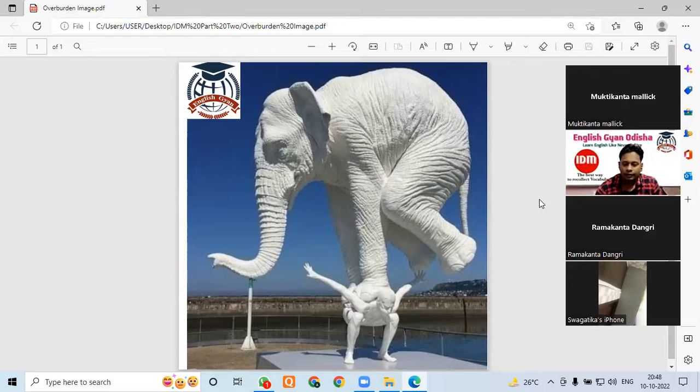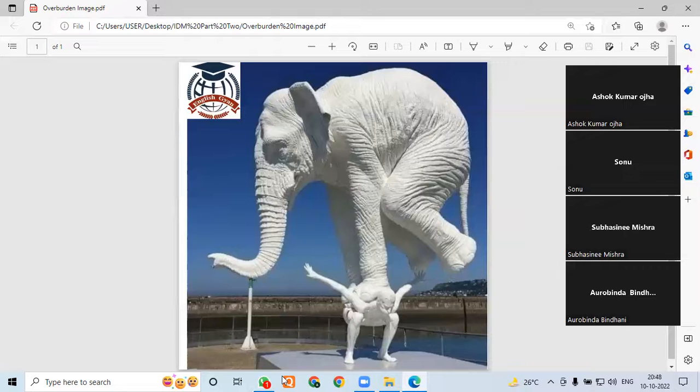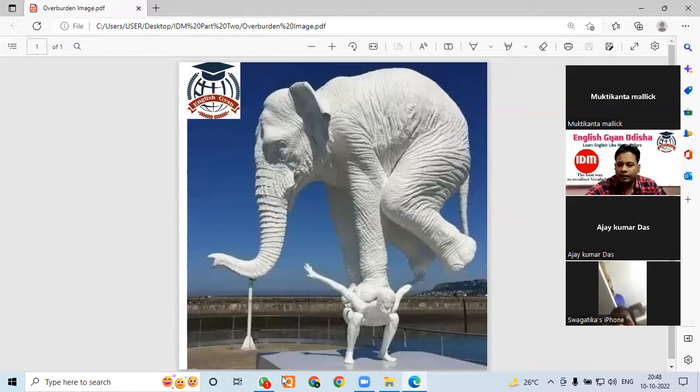This is overload. Overload, okay. Other things, what can you say? Any other things? Can you guess it? Ramakant sir, other people, those who can, just speak it out. Arvind sir, Suhasini, Ashok sir, everybody.